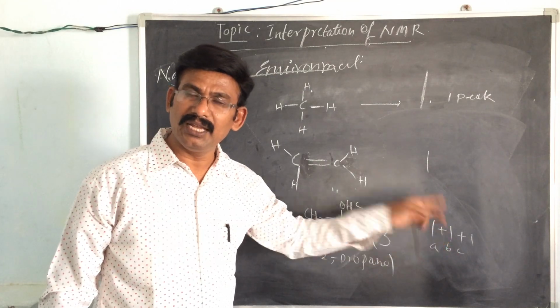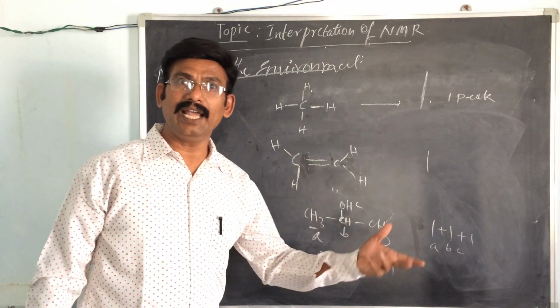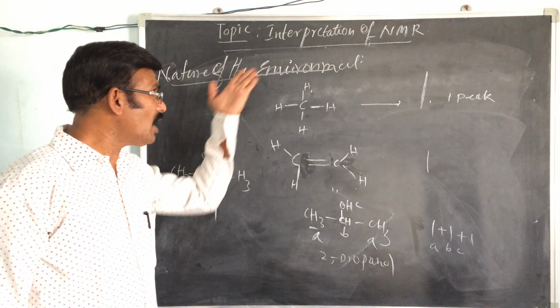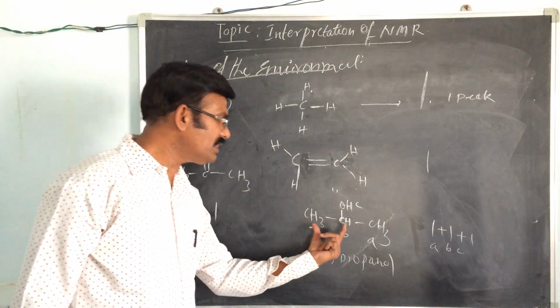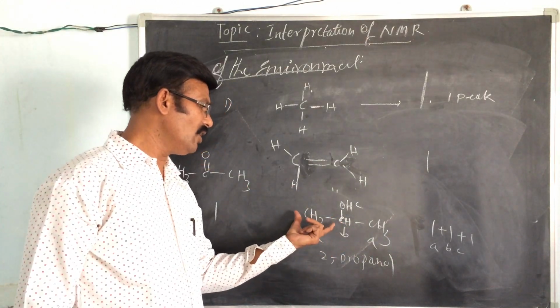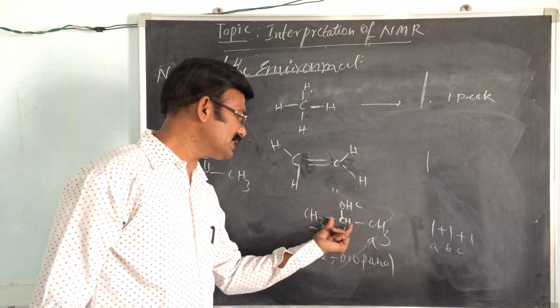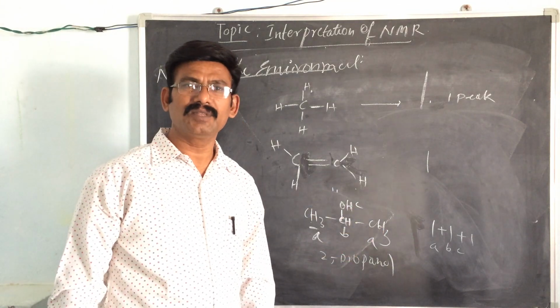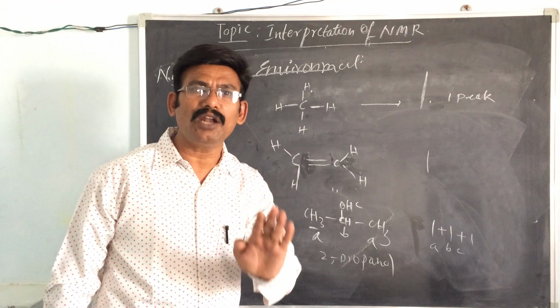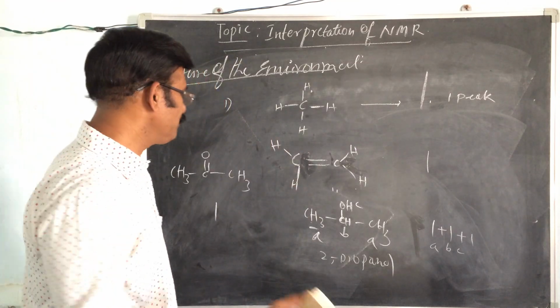This compound is showing 3 peaks. So this is the environment of this compound. Here three types of environment are there: methyl group, CH and OH. Okay, clear now? This is the identification of the environment.